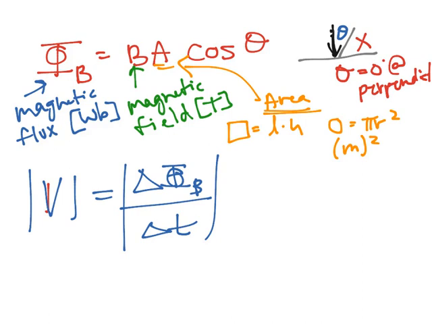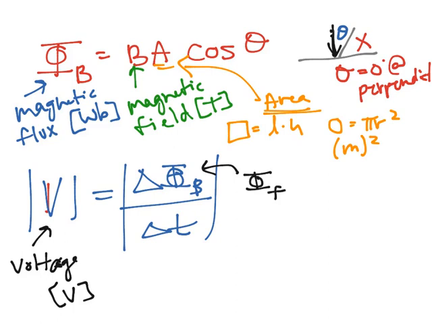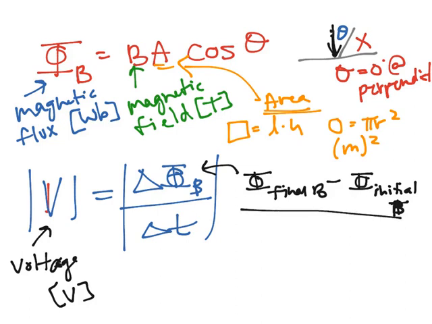Alright, then the next one, using this equation, you can find your voltage. Remember, your volts, or voltage, is measured in volts. Easy unit to remember. This is going to be your final magnetic flux minus your initial magnetic flux, over your change in time.